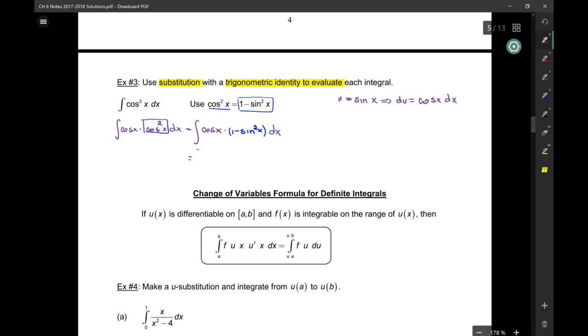We're going to plug it back in here. So look, cosine x dx together, that's du, is that right? And then 1 minus sine squared x, that's 1 minus u squared. So it's 1 minus u squared, and then cosine x dx is du.